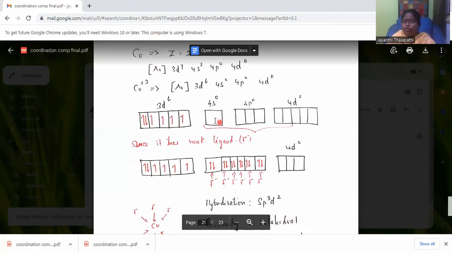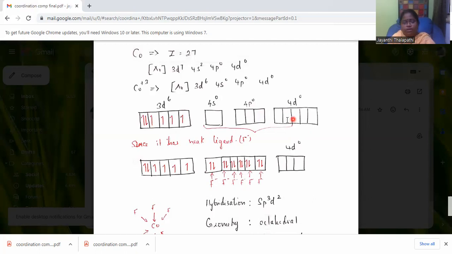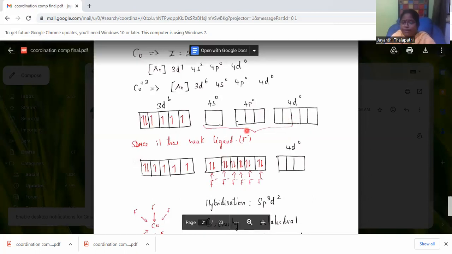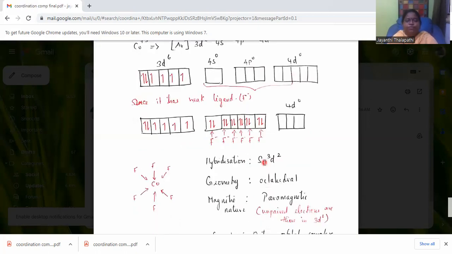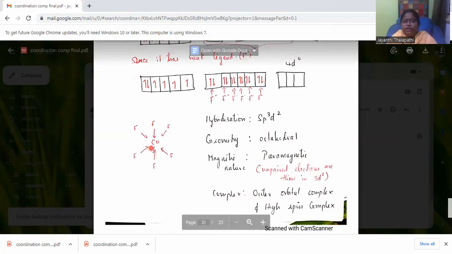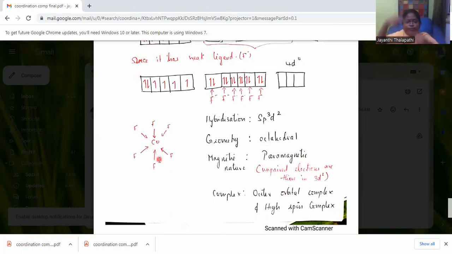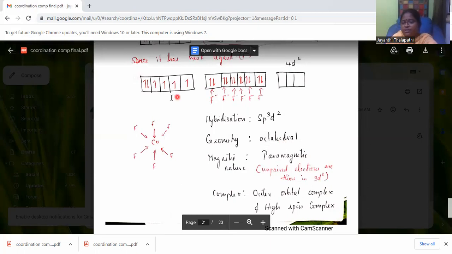So one s, 3 in 4p and 2 in 4d, which means the hybridization is sp3d2. If you see the structure, there are 4 fluorides at 4 corners, and then 1 up, 1 down. So 6 sides are there, so it is octahedral.